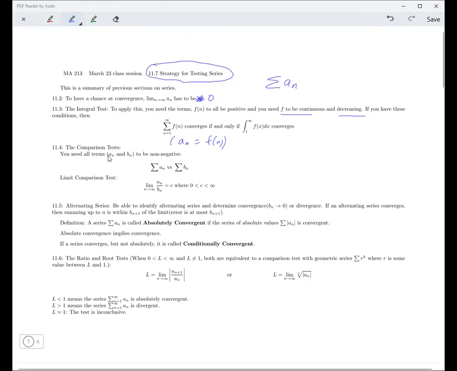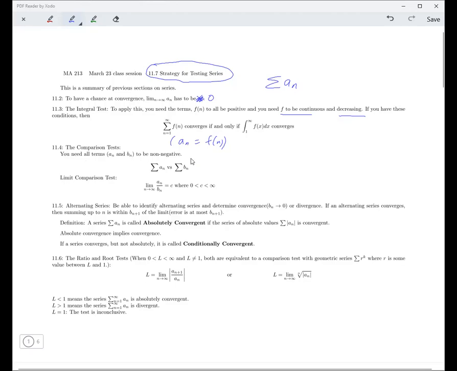And then 11.4, the comparison test. Here you need all terms to be non-negative in order to apply it. And it's a_n versus b_n. The way that it works is if the a_n's are less than or equal to the b_n's, and the sum of b_n converges, then the sum of a_n converges. If the a_n's are greater than or equal to the b_n's, and the b_n series diverges, then this one will also diverge.